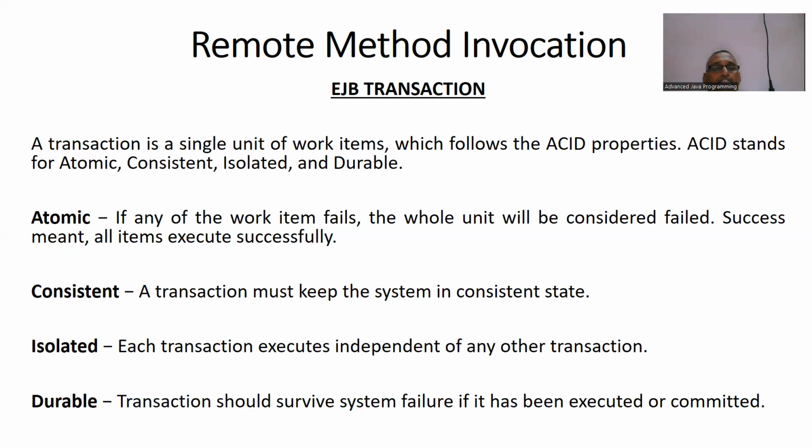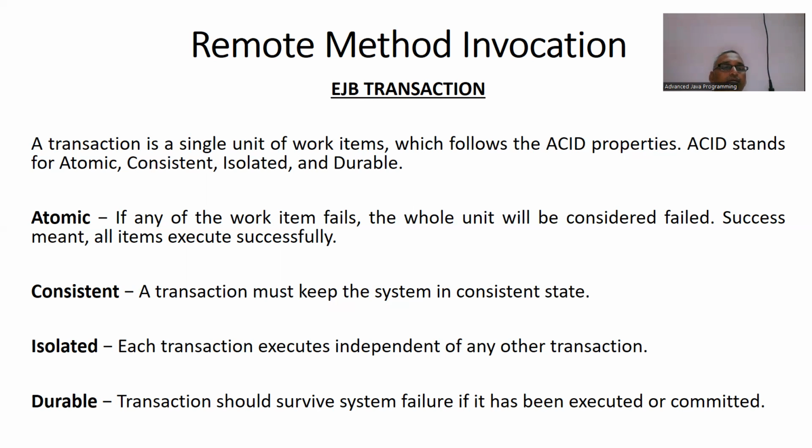Consistent means a transaction must keep the system in a consistent state. Isolated: each transaction executes independently of any other transaction. Durable: transactions should survive system failure once they have been executed or committed.